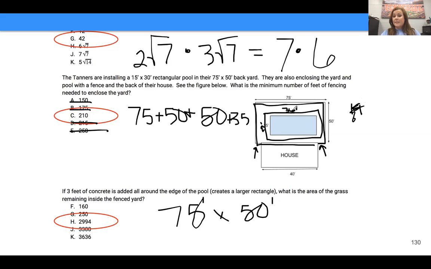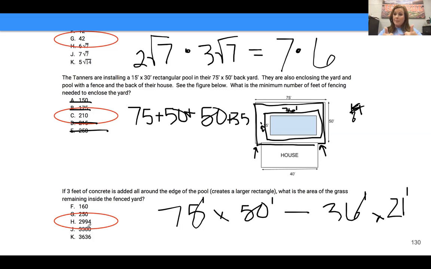And that gives us the full area of the grass. And then we're going to subtract the area of the pool and the concrete, which is 36 feet times the 21 feet. And that is where you get the 2,994 square feet of grass.